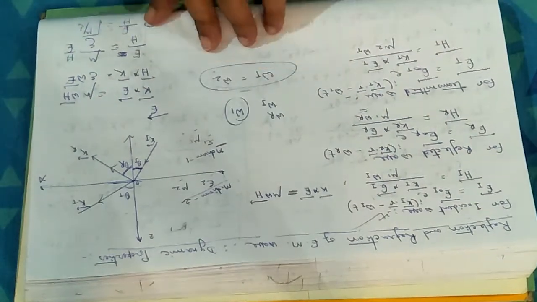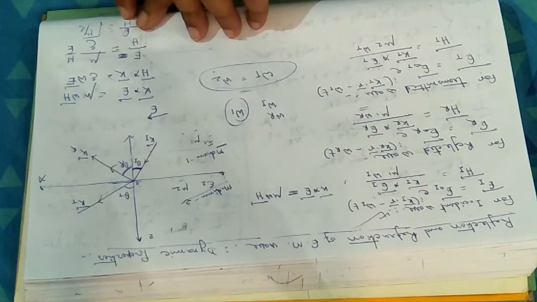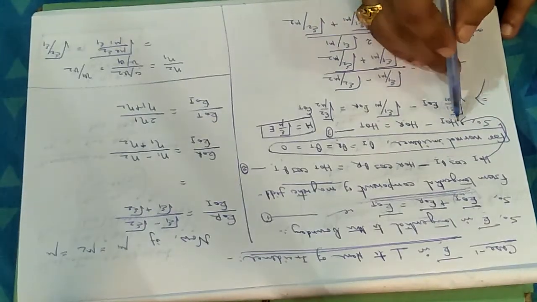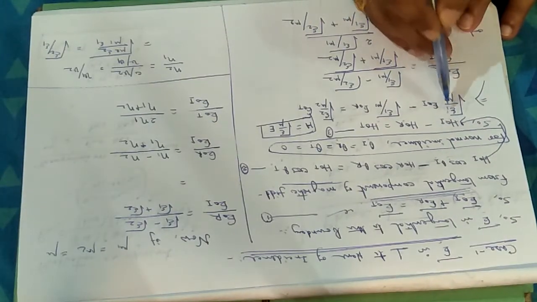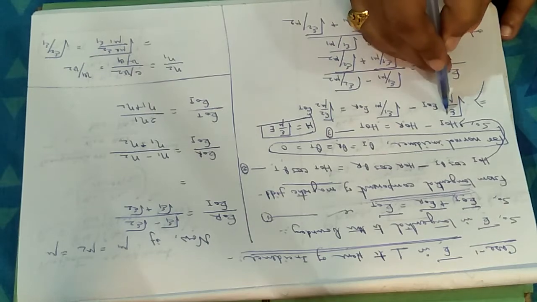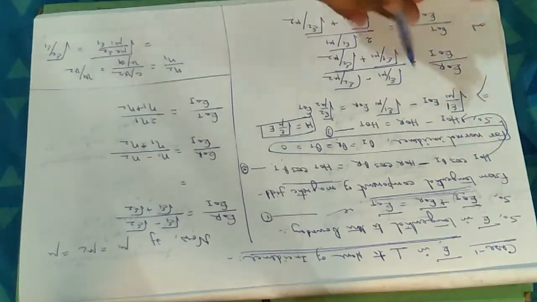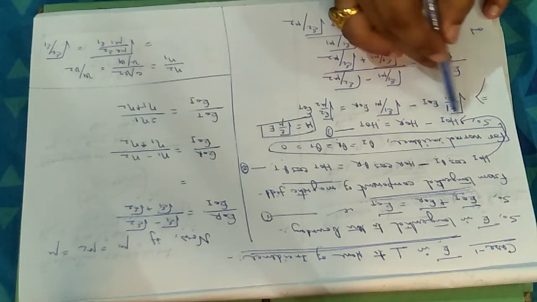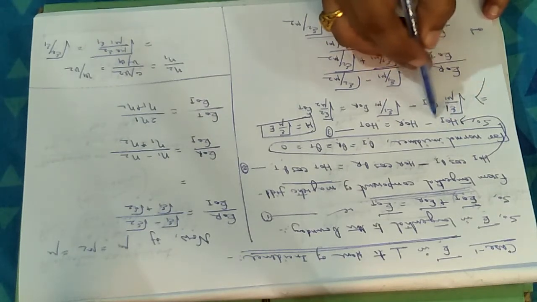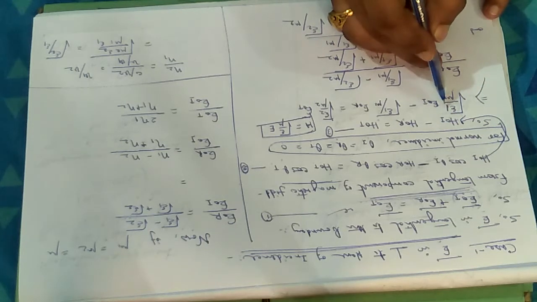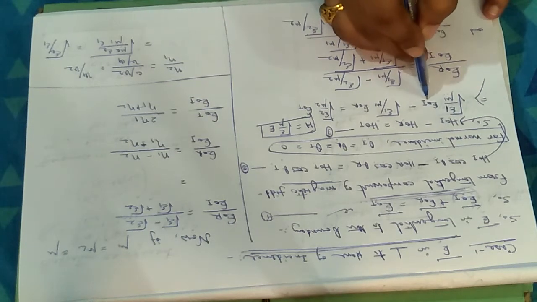This is very simple. So instead of H, what can I write? Instead of H, I can write whole root of epsilon by mu into E. That is what I am writing here. So for H0I, which is for the incident ray, traveling in medium 1, it will be epsilon 1 by mu 1 into E0I.